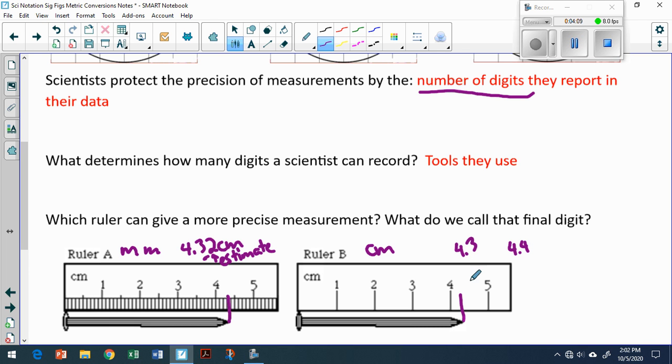So now the 4, I know for sure it's at least 4 something, but the 3 is the estimated digit. So in this case, because this tool had less markings, less precision within it, I get a less precise measurement. Everybody agrees on the 4, but the 0.1 position, the tenth place, might be inconsistent.